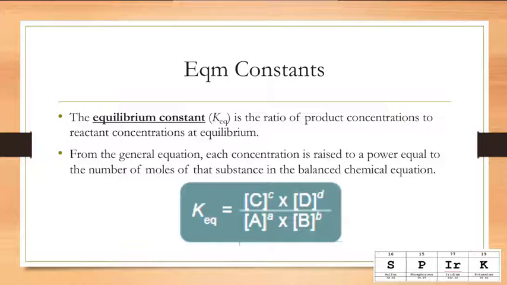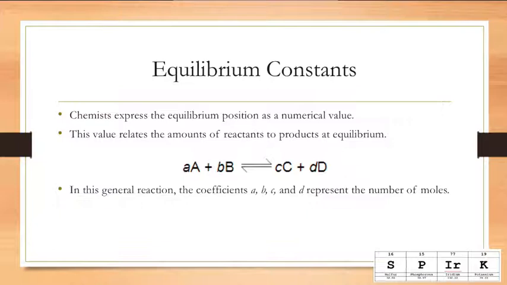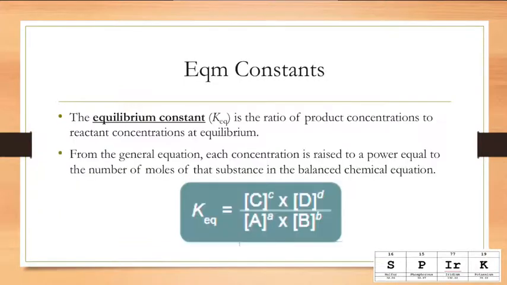From the general equation, each concentration is raised to a power equal to the number of moles of that substance in the balanced chemical equation. So if we look back at that chemical equation, lowercase a is the number of moles for A. We can see that the concentration of A is raised to that lowercase a, so the number of moles. And you can see that this is the products divided by the reactants.